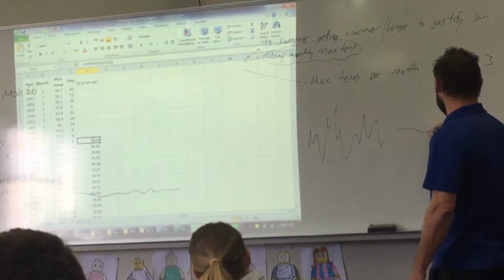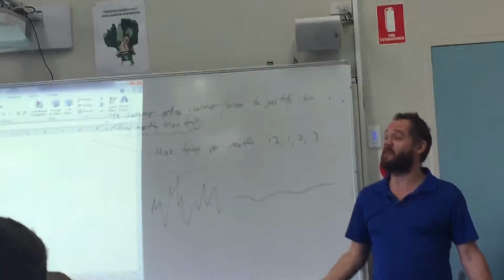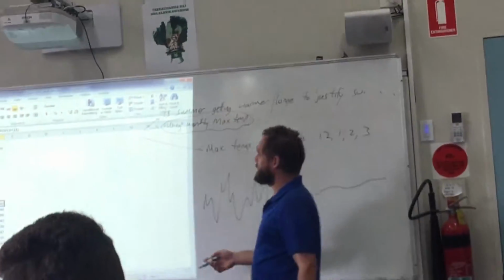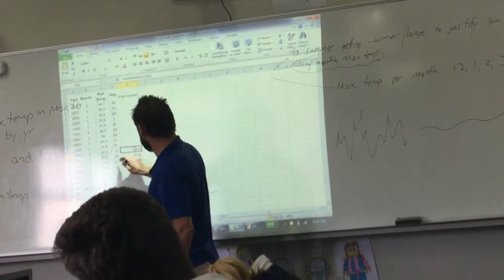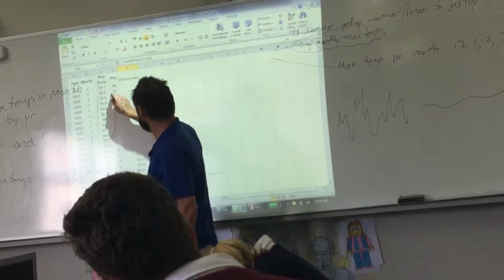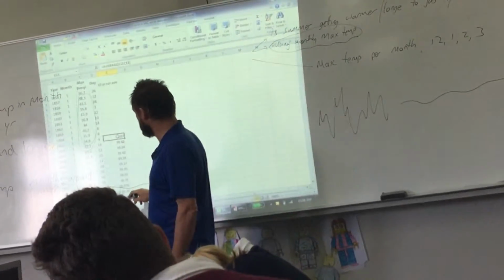If you do a 10-year running average, you can see by the formula here, that's the average of this bit. This one here is the average of the ones underneath it, the next 10 years, and so on. And that's the data that I graphed.